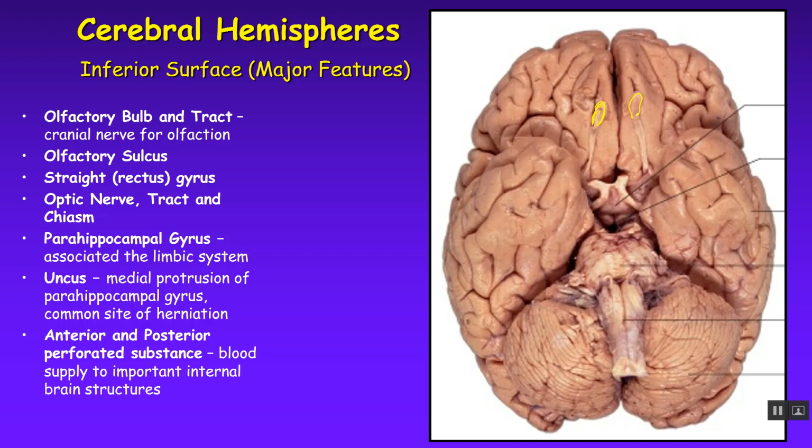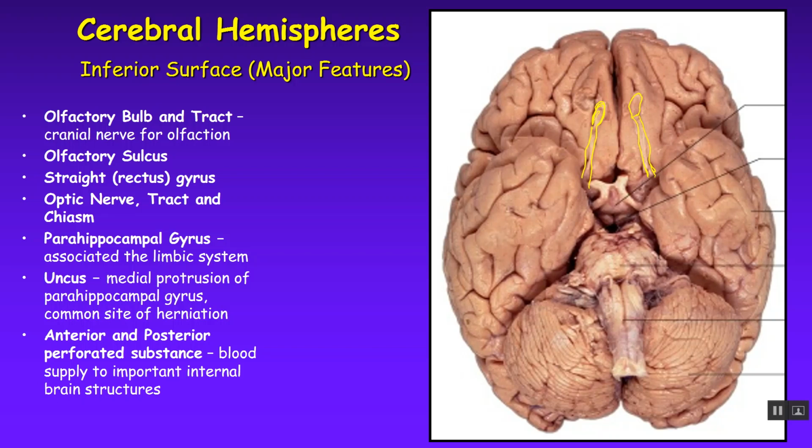That's the sensory part that has the chemoreceptors. That's what's sitting on top of your nasal cavity. You've got the olfactory receptors sensing the chemicals in the air to interpret smell. And then this is the tract. This is the axon that carries it in, and it dives right into the brain there, into the limbic system, and into your parietal lobe as well. But that's the olfactory bulb and tract on each side here.